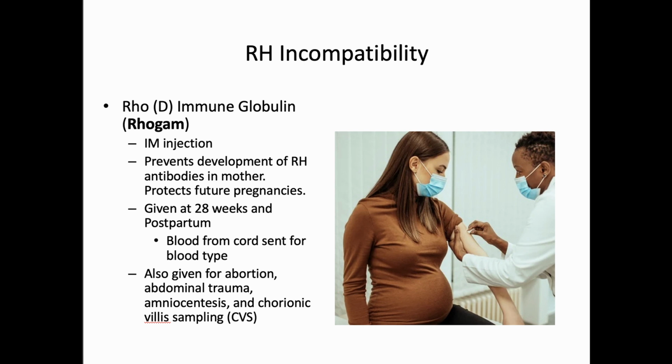When you administer postpartum, it's for the second baby? So really, both will protect the next pregnancy. At that point, once the baby is delivered, we will send the baby's blood for blood type to see if maybe the baby was negative too. We don't know. And sometimes the patient will say, well, I don't need it because my husband is RH negative, I'm RH negative.